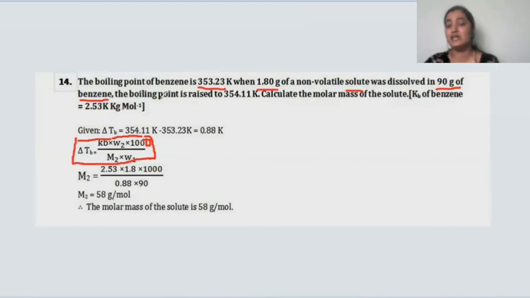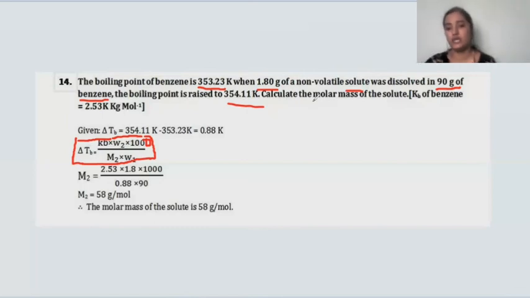And they are telling you that the boiling point of pure benzene was 353.23 Kelvin, but after dissolving the solute in the solvent, the boiling point has been raised. How much has it been raised?